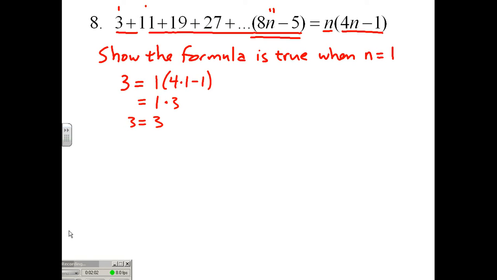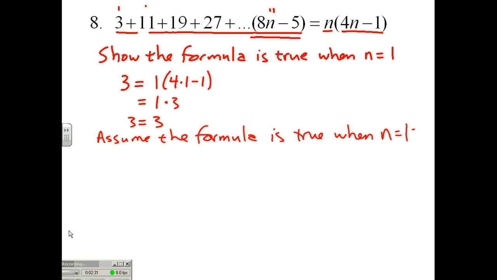And since we know that at least there is one domino that's going to tip, we may now assume a domino tips. The statement to assume a domino tips wouldn't be valid if I didn't know that one does tip. So I'm going to now assume the formula is true when n equals k.